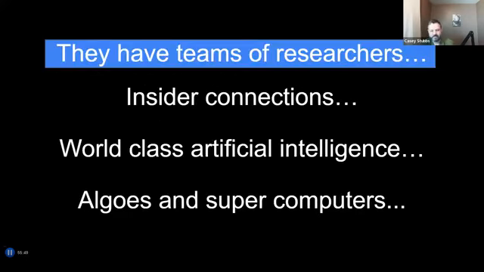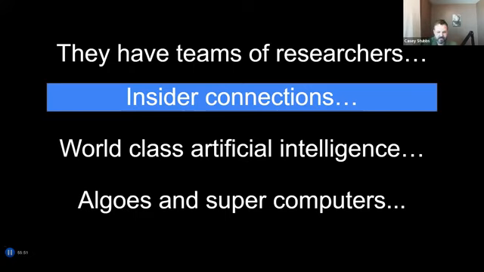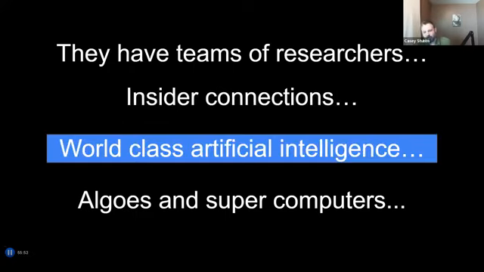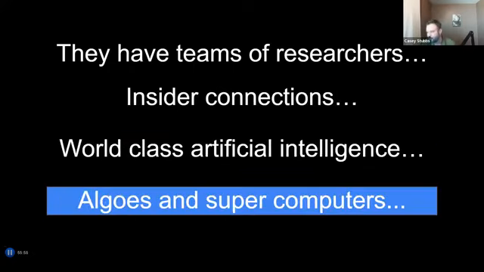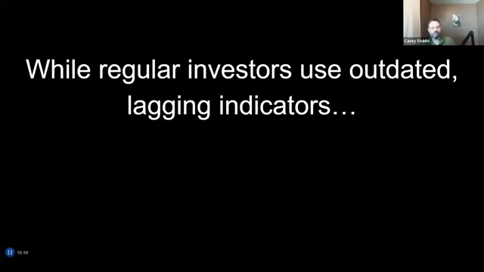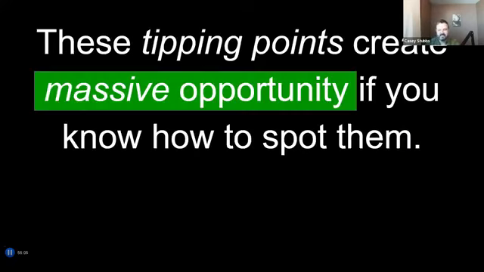They have teams of researchers, insider connections, world-class artificial intelligence, algos, and supercomputers. While regular investors use outdated, lagging indicators. But here's the thing. These tipping points create massive opportunity if you know how to spot them.